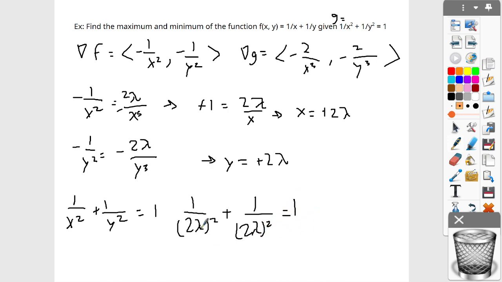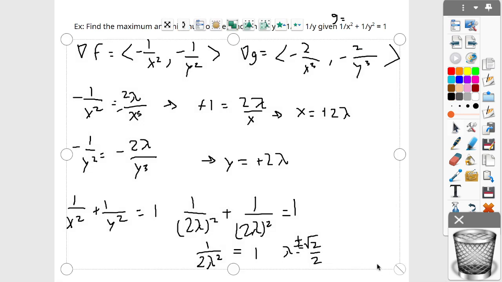That means 1 over 4 lambda squared plus 1 over 4 lambda squared, which is 2 over 4 lambda squared, which is 1 over 2 lambda squared. That's 1. So lambda is plus or minus square root of 2 over 2.